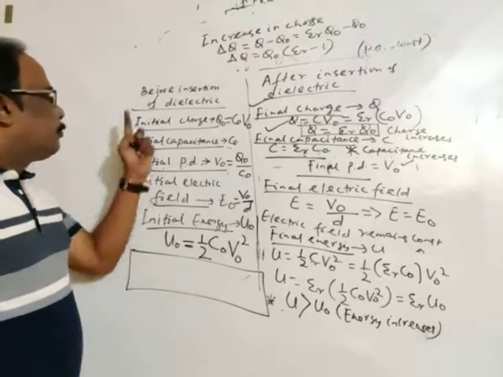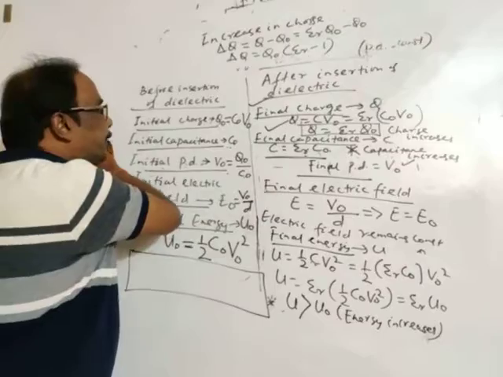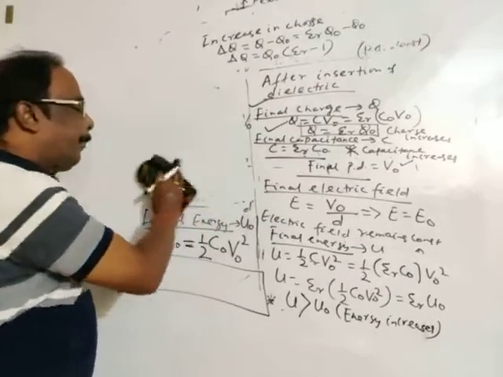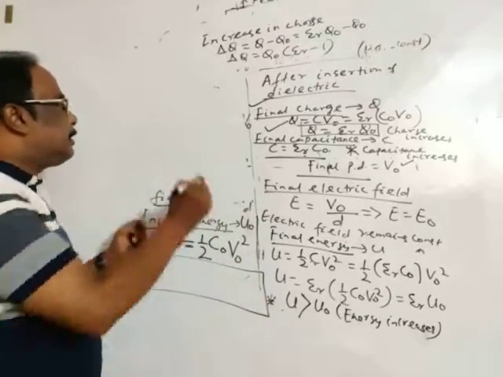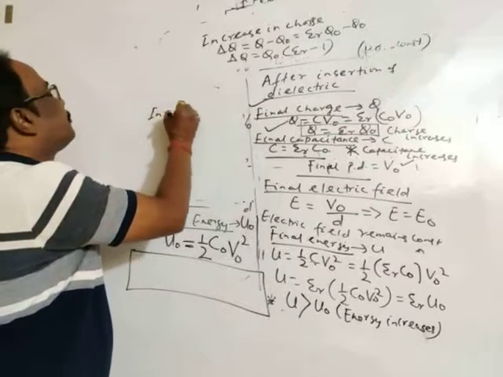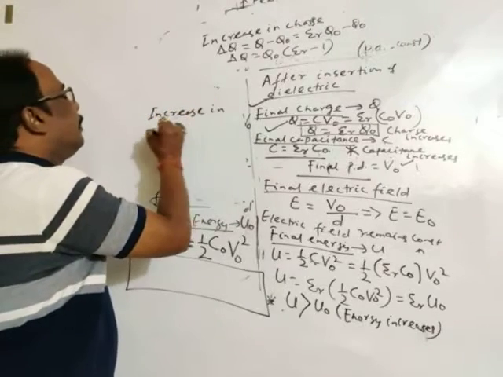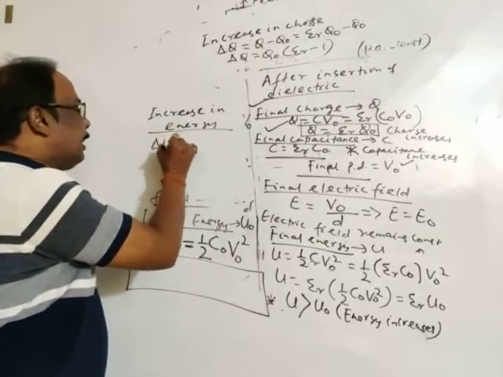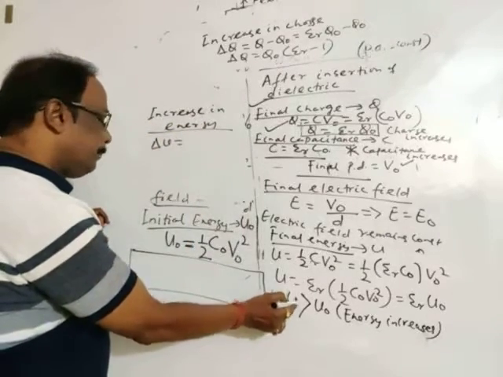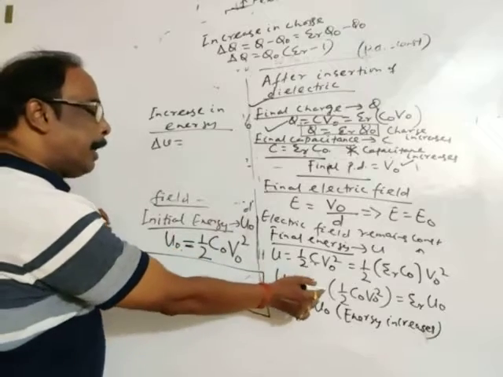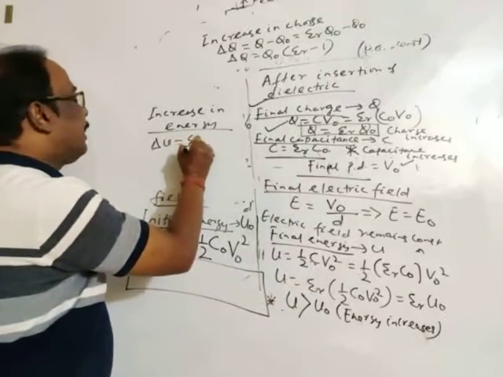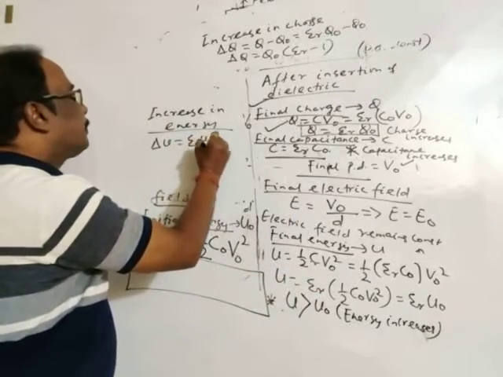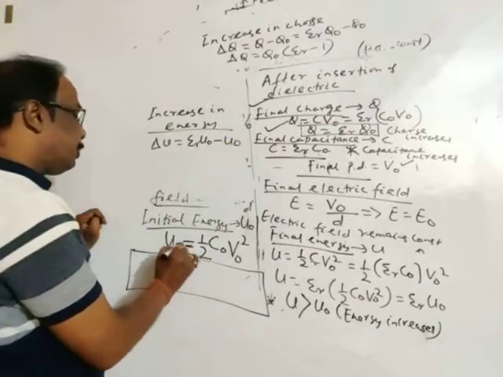Now, the increase in energy is delta U. This is the final energy and this is the initial energy. Final energy is epsilon r U naught, minus initial energy U naught.